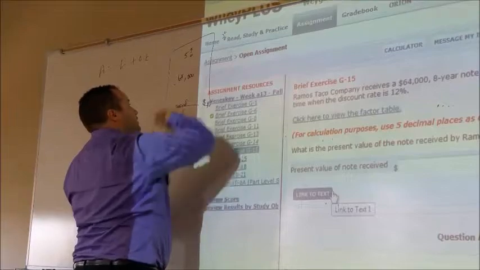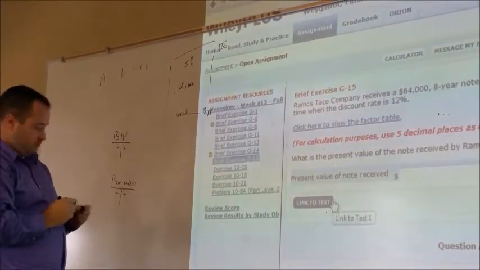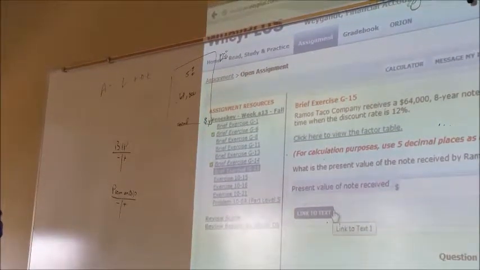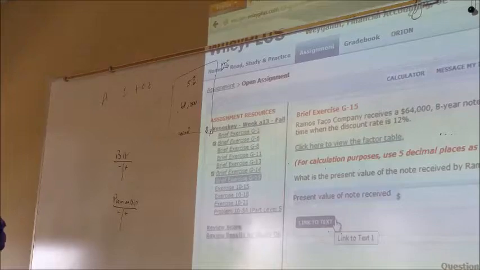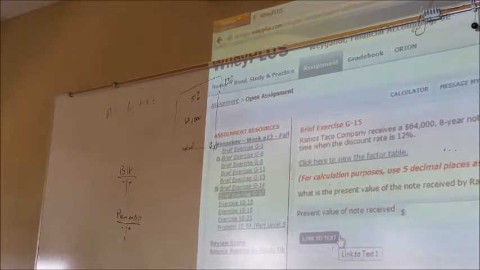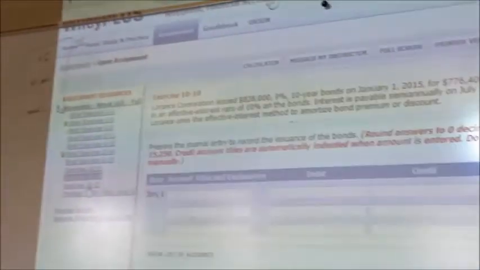Oh, there's a big difference here. So I'm gonna have to work this one doing what we just did on our examples. So I'll let you do that one. I'm gonna show you a couple others here.